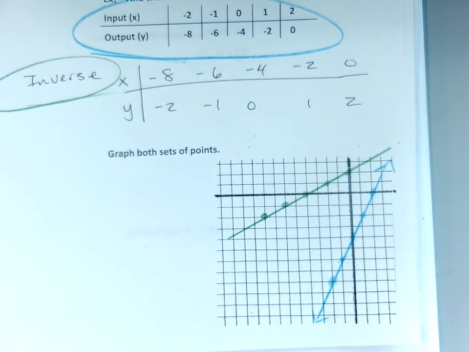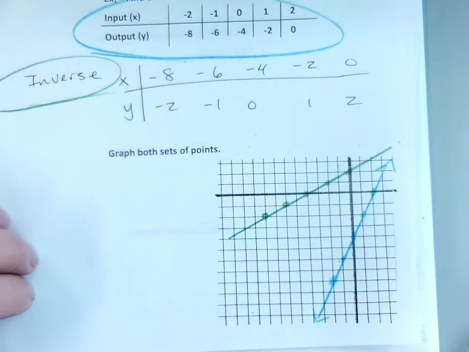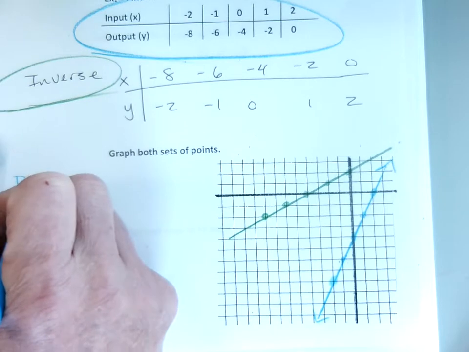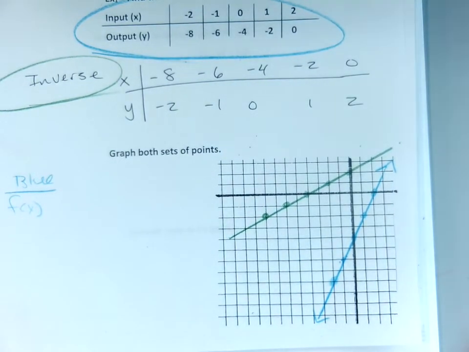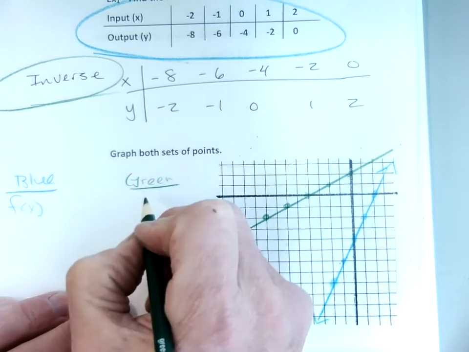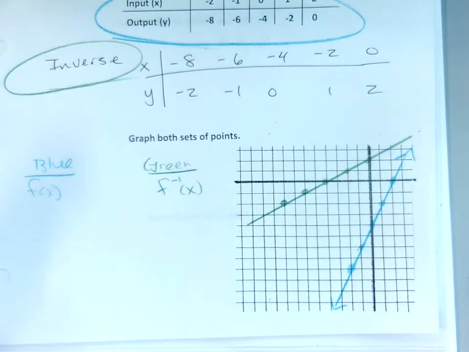So they're opposites of each other, right? That's something to remember. So I want to write a couple of things down. From my original, my blue graph, we'll call it f of x. And for my green, which is f inverse of x, let's see if we see a couple of things.